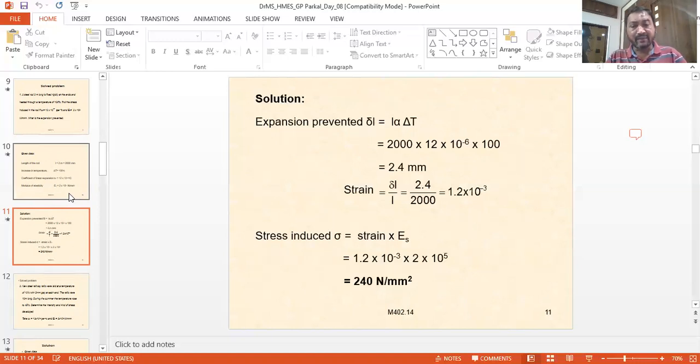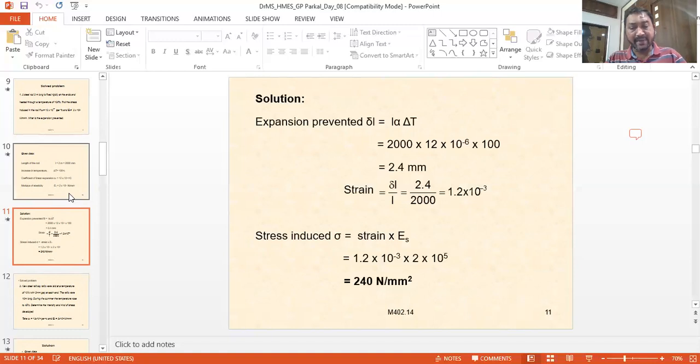Now we know that the stress by strain is equal to Young's modulus, so the stress is equal to strain into Young's modulus. Strain is given as 1.2 into 10 power minus 3, and Young's modulus is given as 2 into 10 power 5.